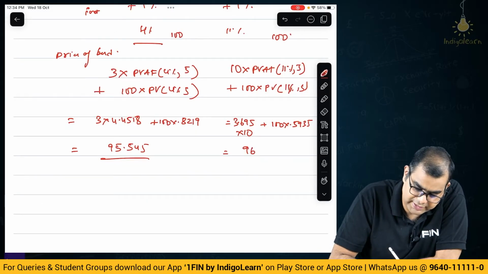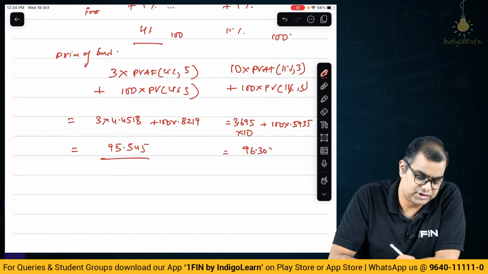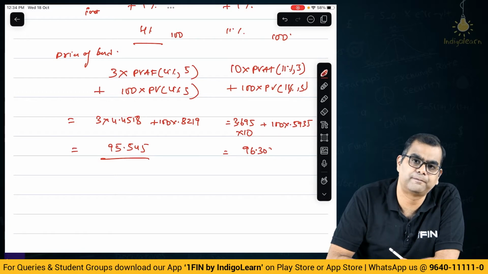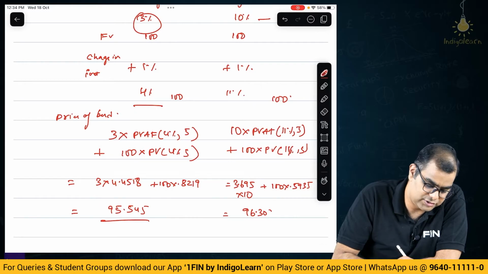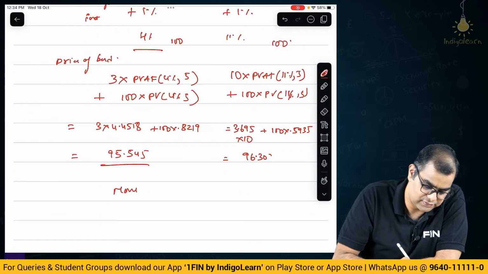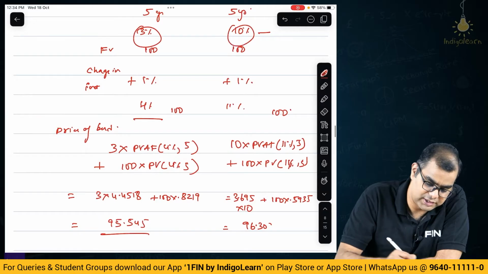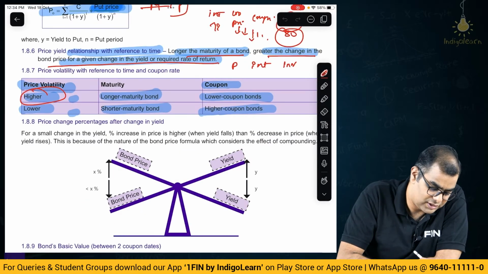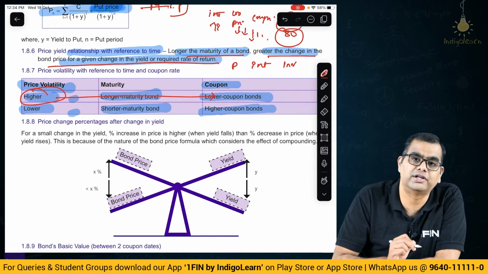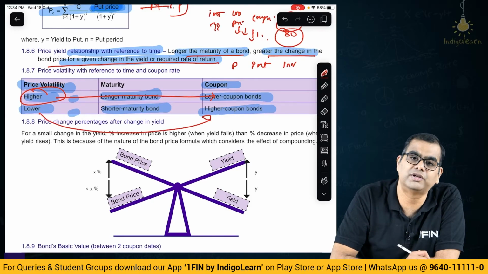The price will be 96.30. You see which one is more sensitive? The one with the lower coupon is more sensitive. The one with the higher coupon is less sensitive.